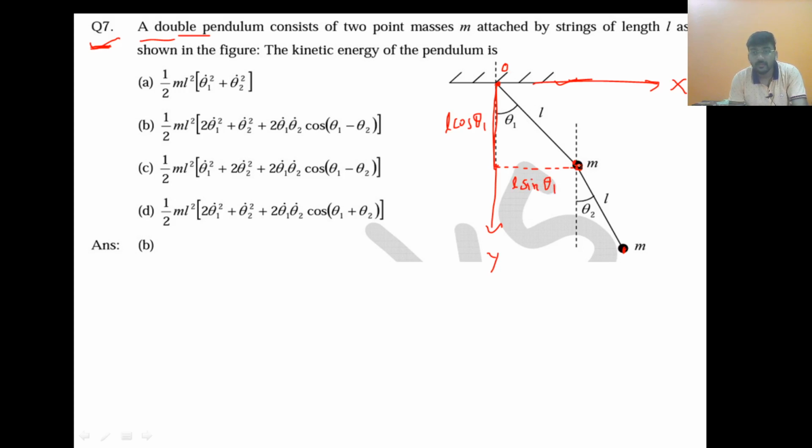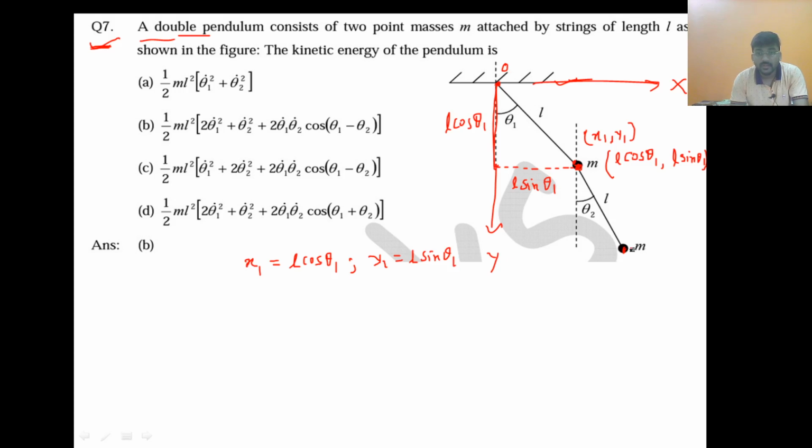So the coordinate of this point will be L cos theta 1, comma L sin theta 1. If this point is x1 comma y1, then x1 is equal to L cos theta 1 and y1 is equal to L sin theta 1.